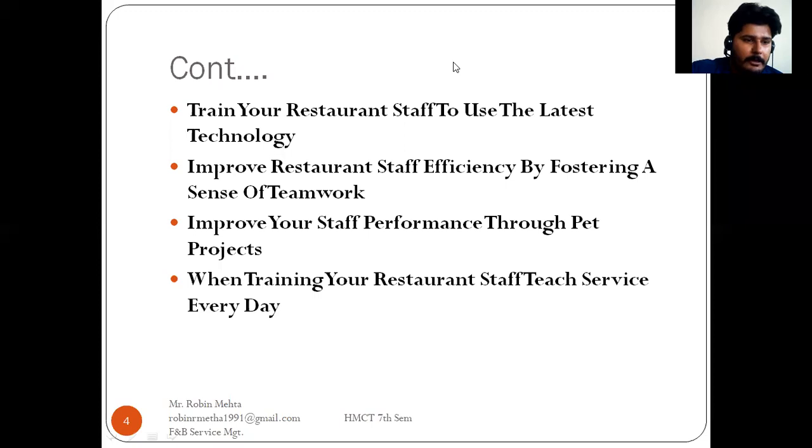So give the knowledge to your trainee about teamwork, and how it is helpful to complete any task. Okay, a sense of teamwork. By fostering a sense of teamwork, by giving ideas and knowledge about how your subordinates, or other colleagues in your team, can help you reach your goals very easily.